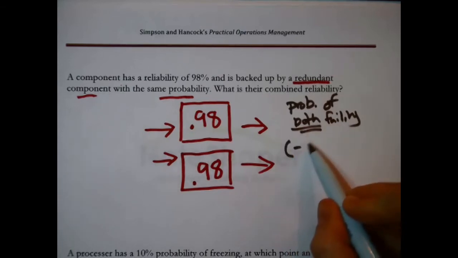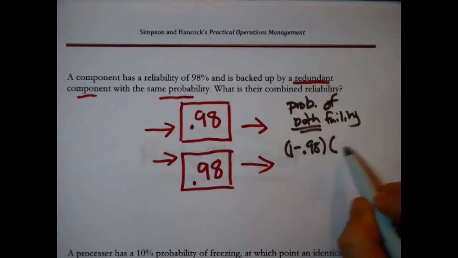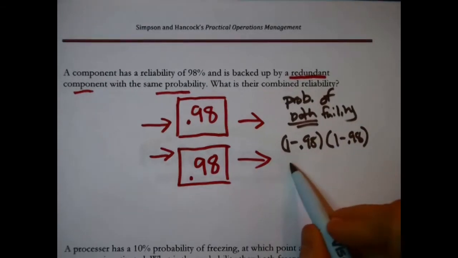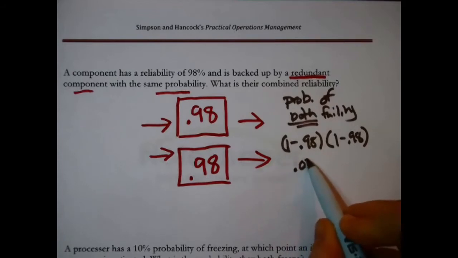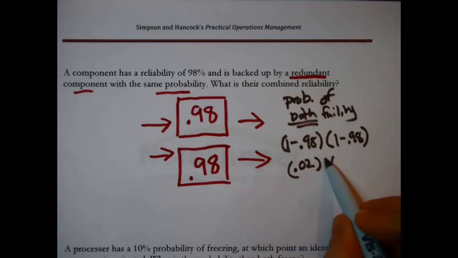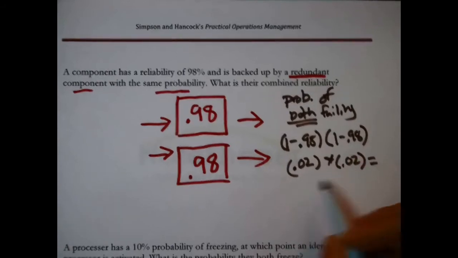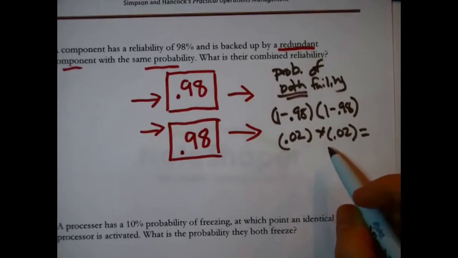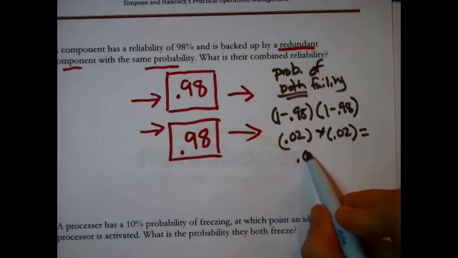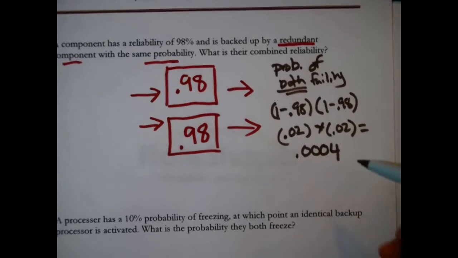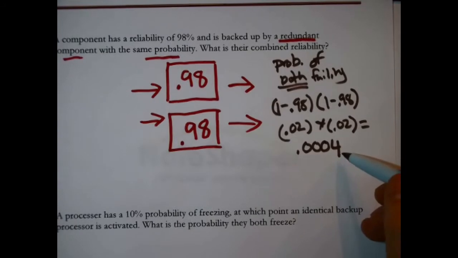Well, that's 1 minus 0.98 times 1 minus 0.98, or basically 0.02 times 0.02. Put that in my calculator to get a very, very small number back, 0.0004. That is the probability that they both fail.